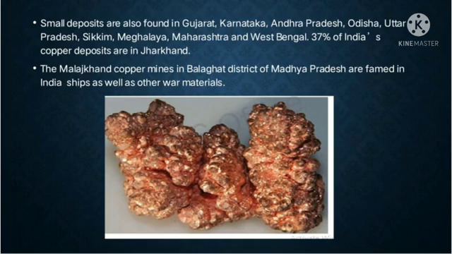Small deposits are also found in Gujarat, Karnataka, Andhra Pradesh, Odisha, Uttar Pradesh, Sikkim, Meghalaya, Maharashtra, and West Bengal. 37% of India's copper deposits are in Jharkhand. The Malajkhand copper mines in Balaghat district of Madhya Pradesh are famed in India. Copper is used in ships as well as other war materials. You can see the picture of copper.